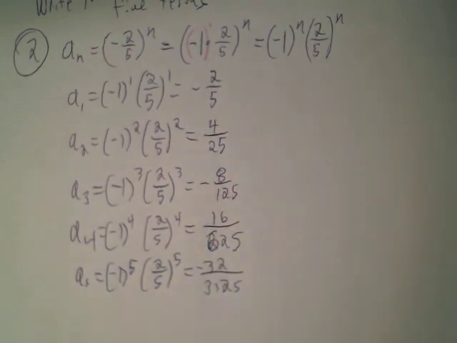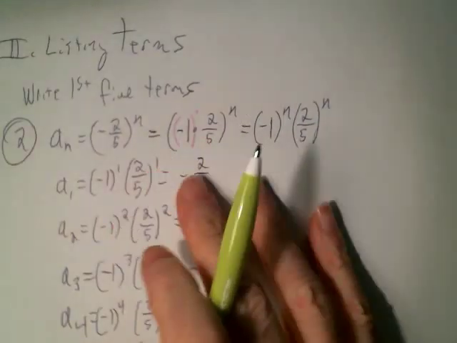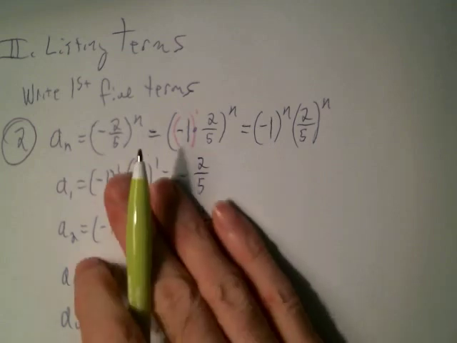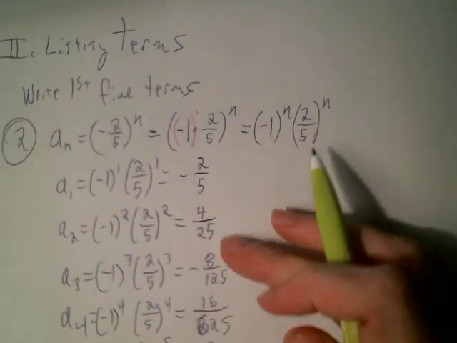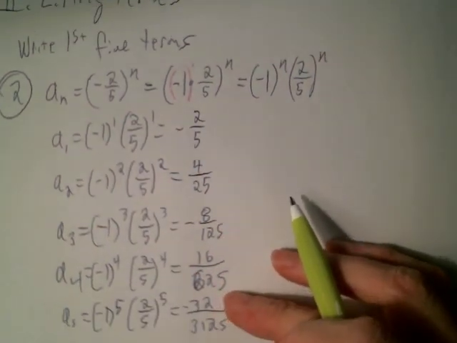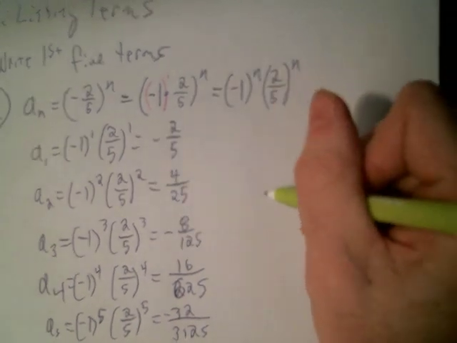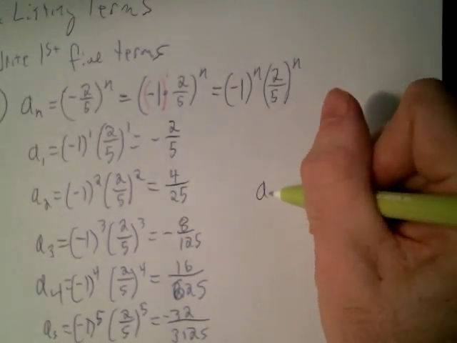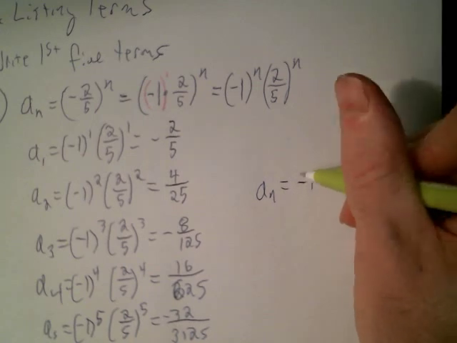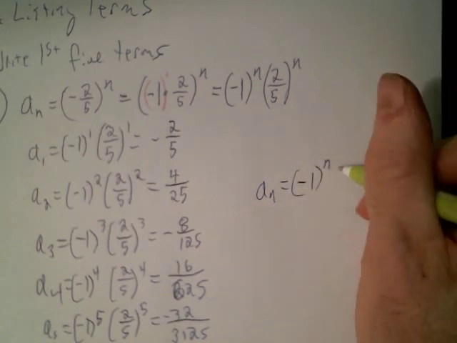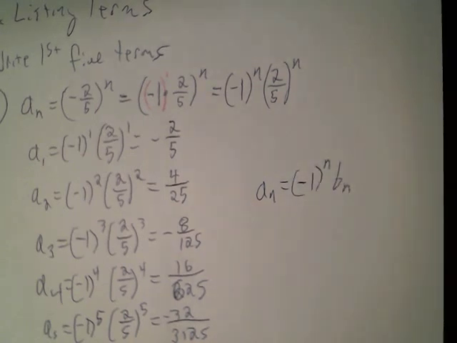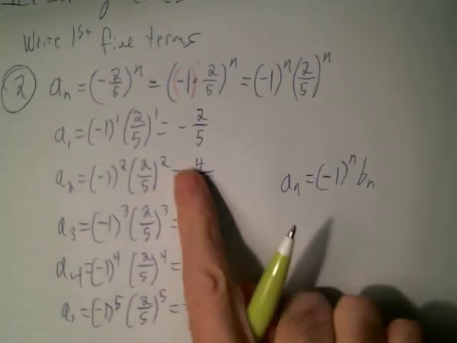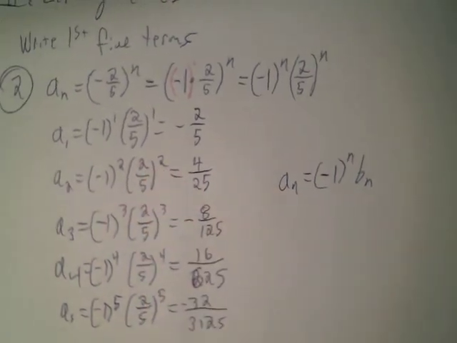Okay. So every once in a while, you'll be called upon to produce a formula that will give you negatives on the odds and positives on the evens. And in that case, your formula a sub n will be negative 1 to the n times whatever. So in this case, we had 2/5 to the n as our whatever.